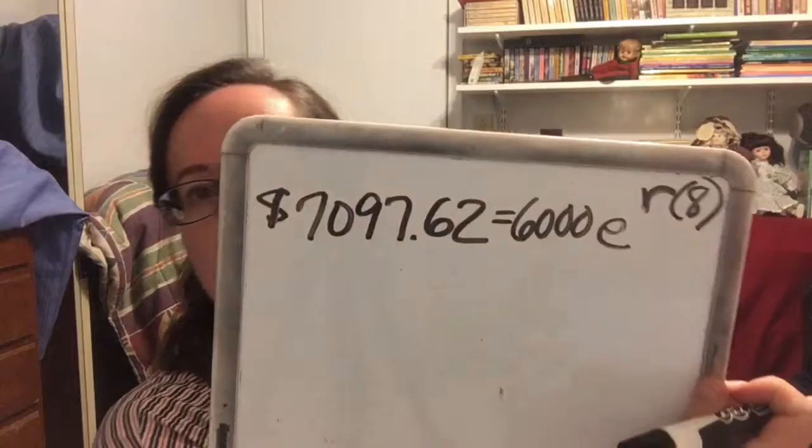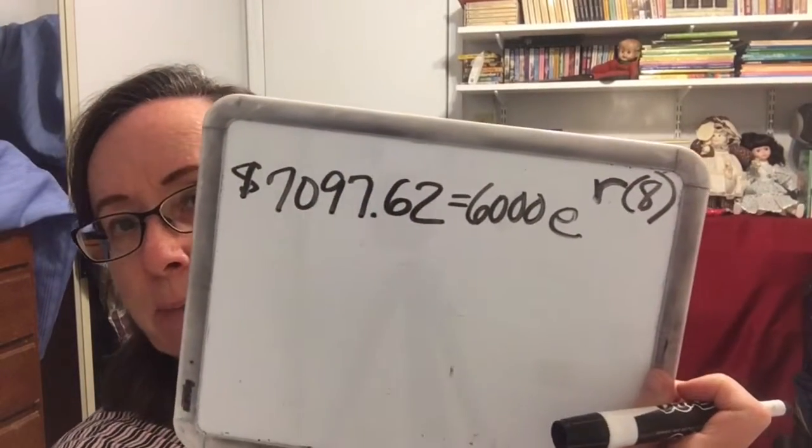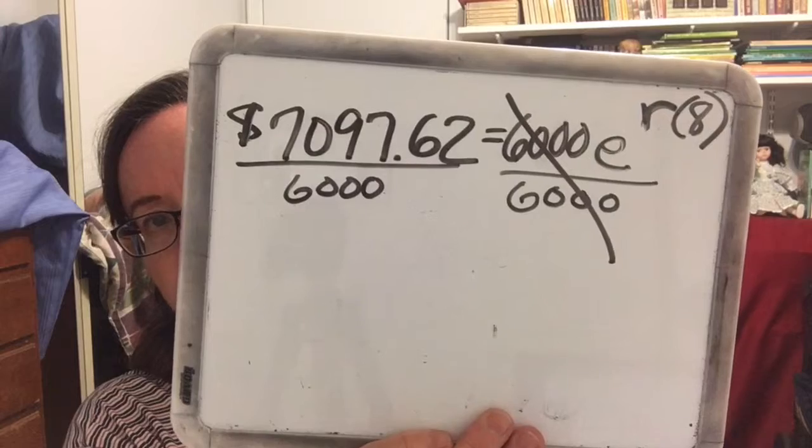Okay, so now we're going to find out what the r is by first, let's clear out that 6,000. Can we divide both sides by 6,000? So when we do that, 6,000 on the left and 6,000 on the right, we're going to divide by that, and that's going to cancel on the right.